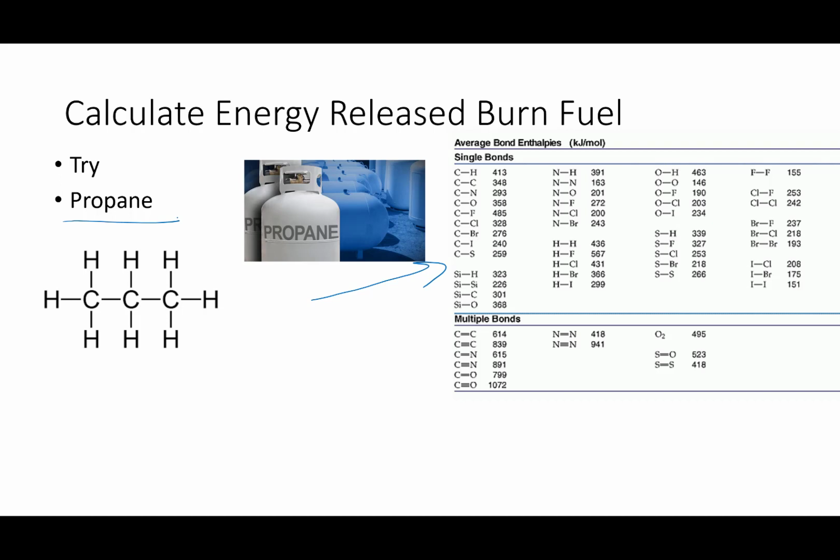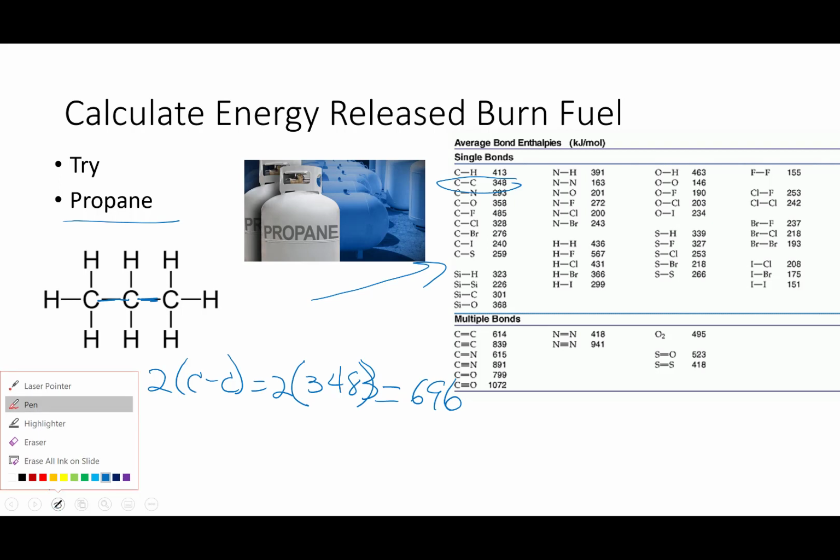All right, let's go through this. I've got 2 carbon-carbon bonds, so this is 2 times 348, which is 696.